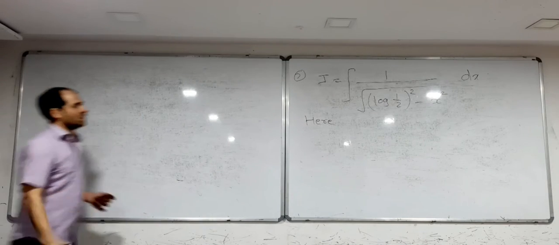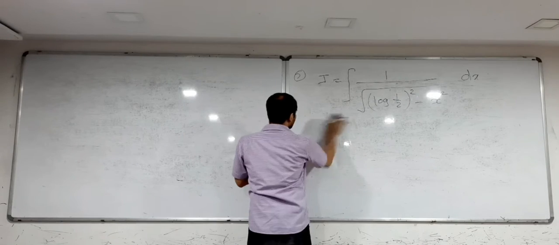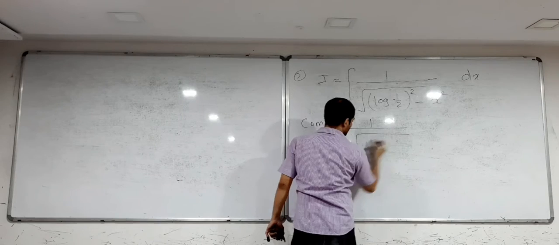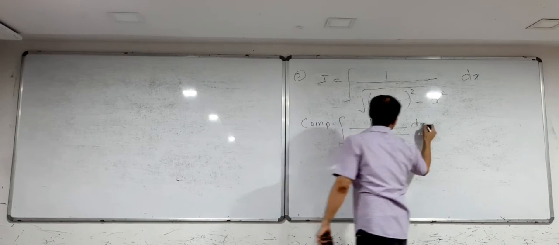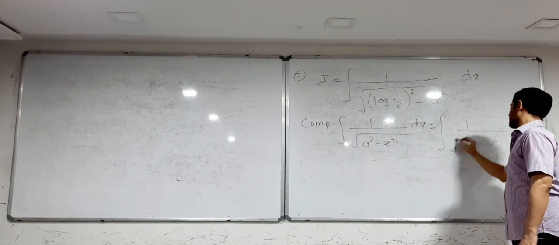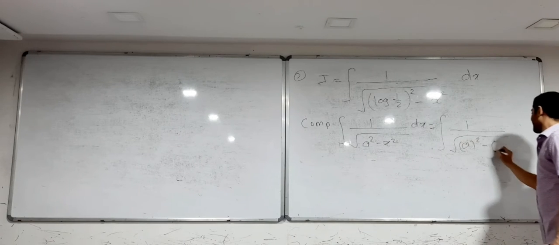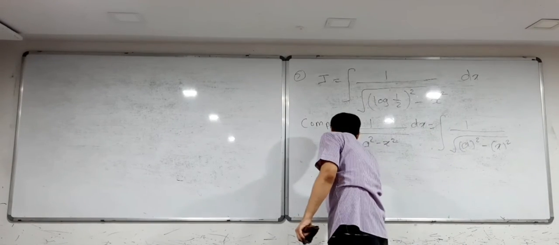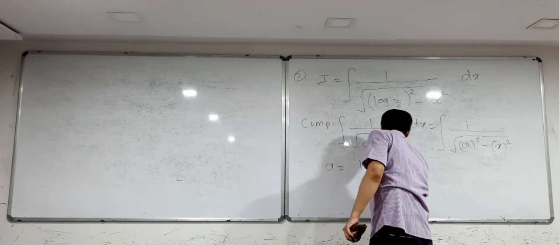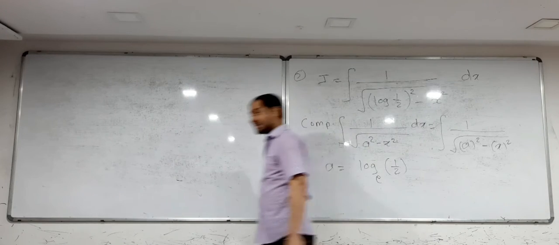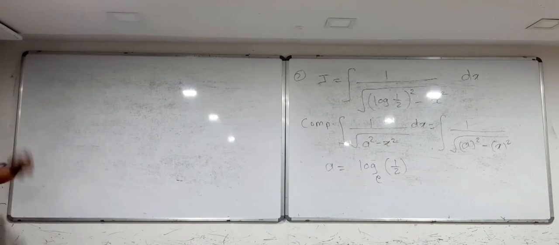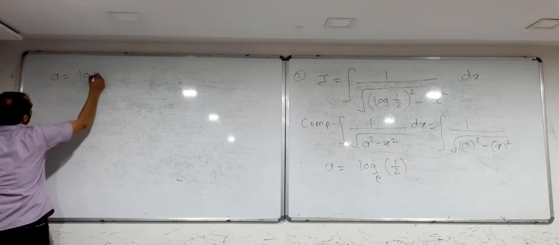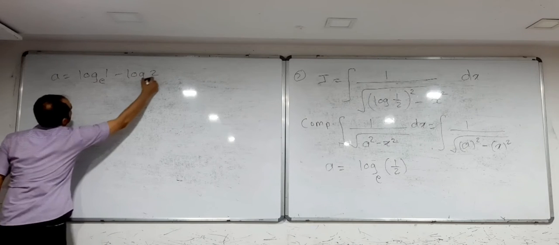Okay. So here, comparing the integration of 1 upon square root of a square minus x square dx with the integration of 1 upon square root of log of half whole square minus x square, what do you see in place of a? You see log of half. Yes or no? Yes. Now 1 by 2 lies between 0 and 1. Suppose we do not directly know whether a is positive or negative. So a is log 1 to the base e minus log 2 to the base e.